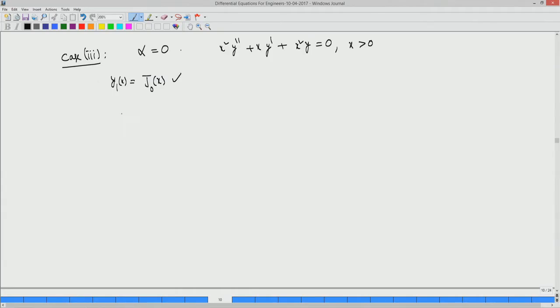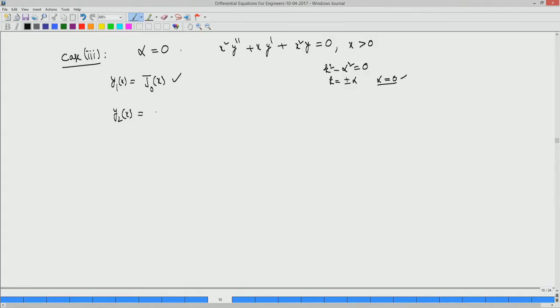To get the other solution, when the roots are repeated, we have seen that k square minus alpha square equal to 0 gives k equal to plus or minus alpha, repeated roots if alpha equal to 0. In this case the second linearly independent solution has no arbitrary constant.